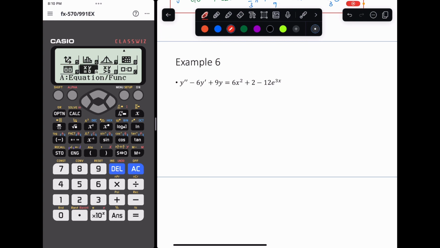So going back, since this is a non-homogeneous equation, we start by transforming the derivatives into an equivalent algebraic equation: m squared minus 6m plus 9 equals 0.